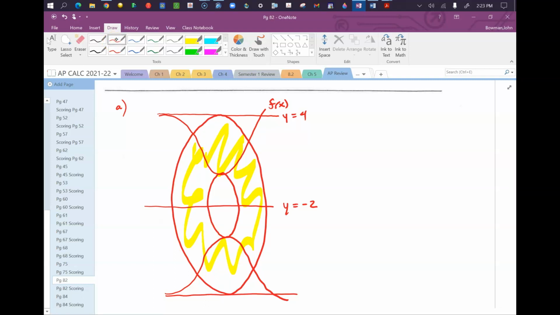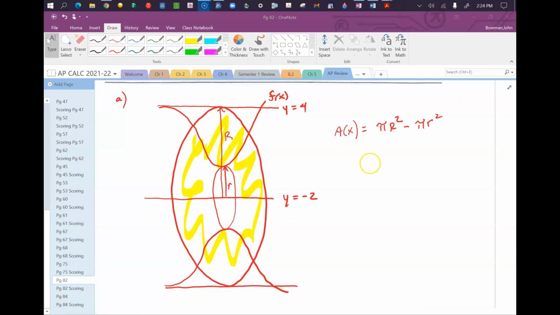So our area function is going to be pi times big R squared. A of x is a function of x because we're rotating around a horizontal axis, so we're integrating with respect to x. It is going to be pi times big R squared minus pi times little r squared. We can factor out the pi if we want.